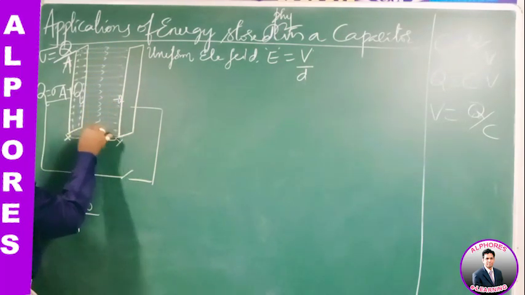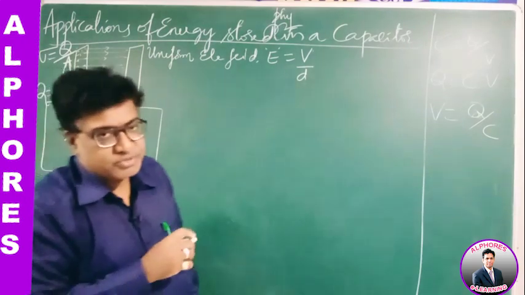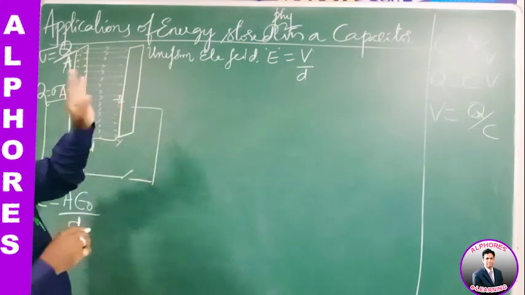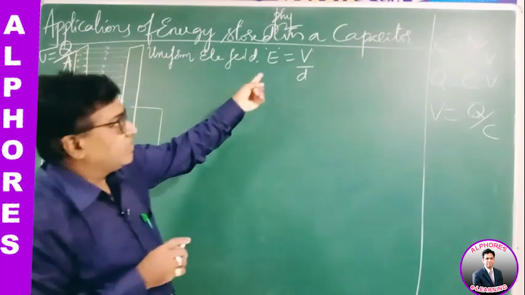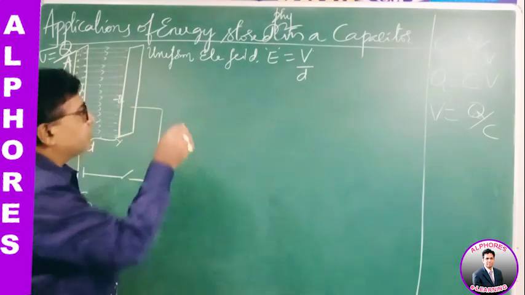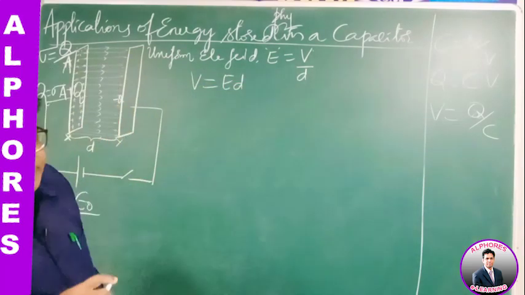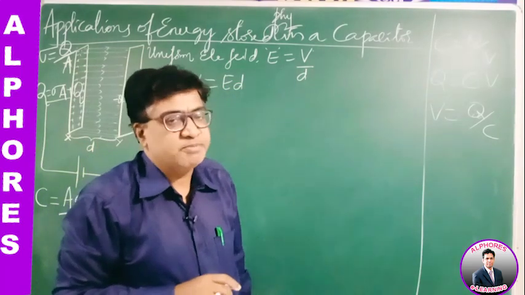The lines of force are parallel lines. In a uniform electric field, at any point the field is constant in magnitude and direction, and the electric field is V by D. So from that we can write V is equal to ED. This way also you can write the potential difference between the plates.